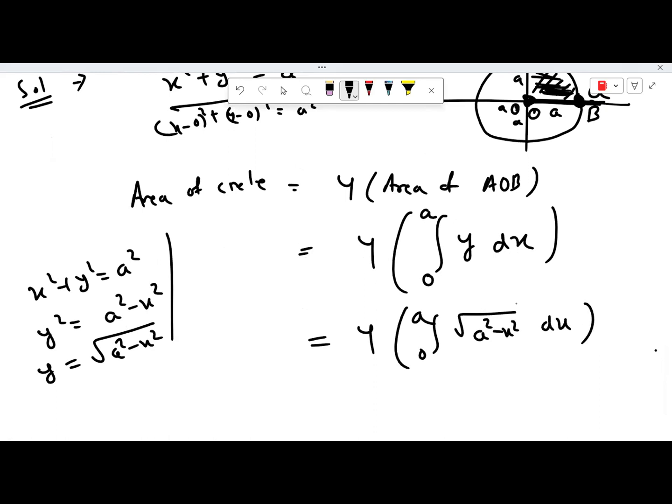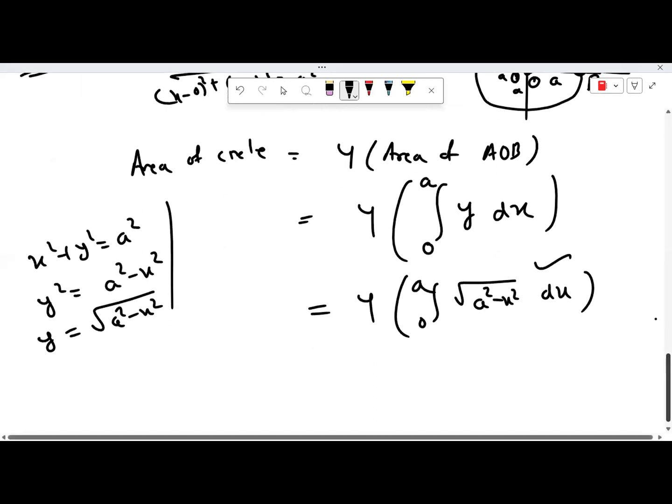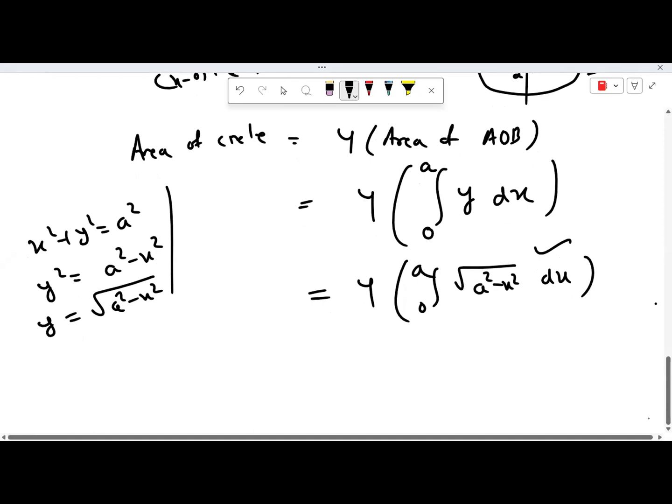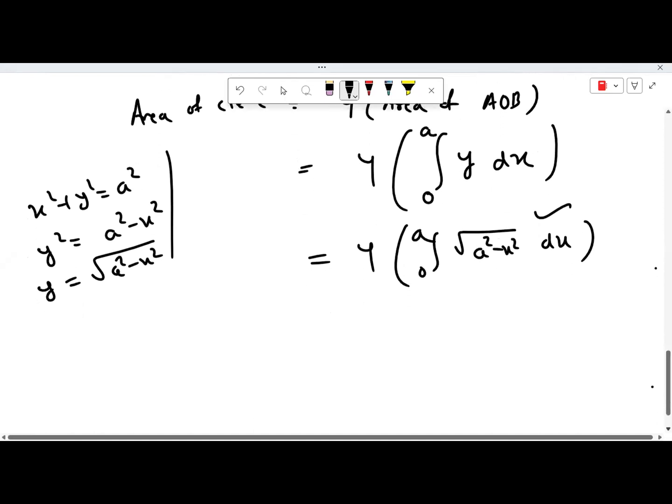Do you remember this formula, integration of root a square minus x square?